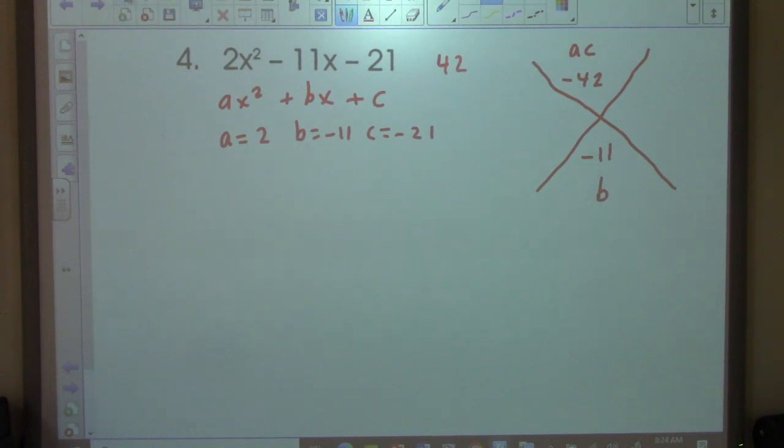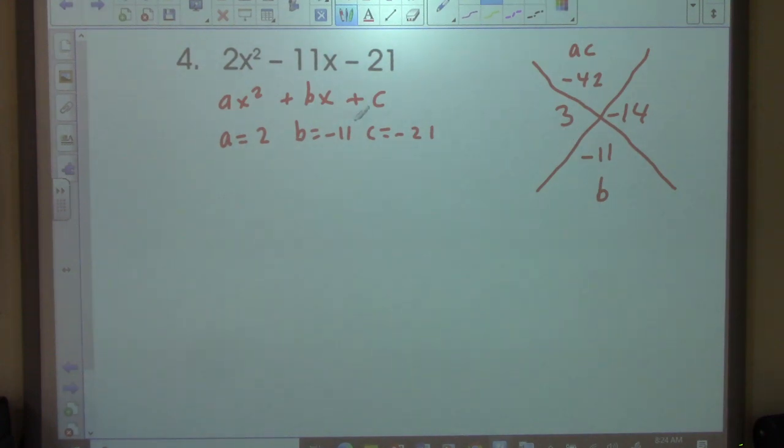So 3 and 14. Let's try that. I think that's going to work. Which one has to be negative? The 14, right? So it takes a little thinking to do this, but you're able to do it.